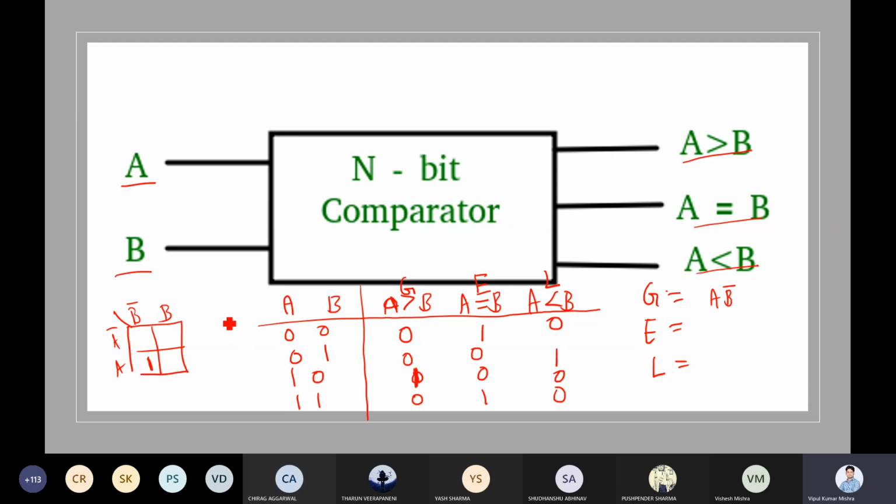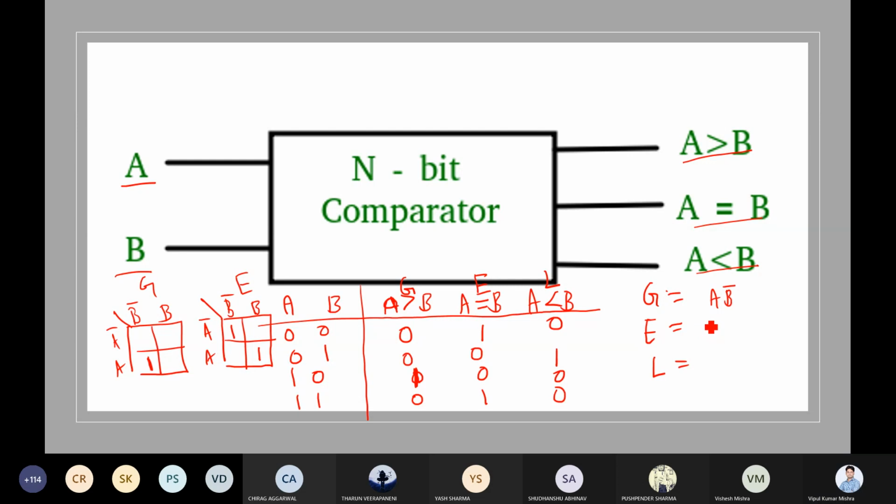Now what about equal to? So this is greater than, this is equal to. Can we make a pair? Do we have any chance? No, we cannot make a pair.